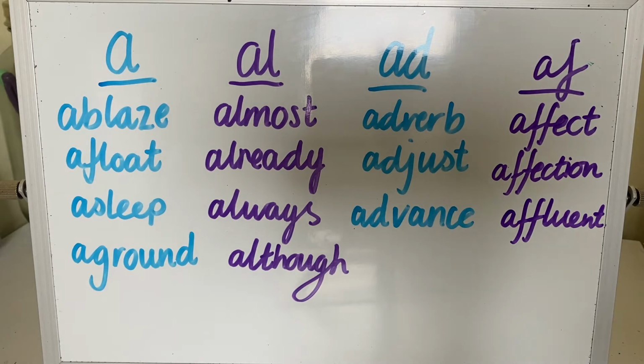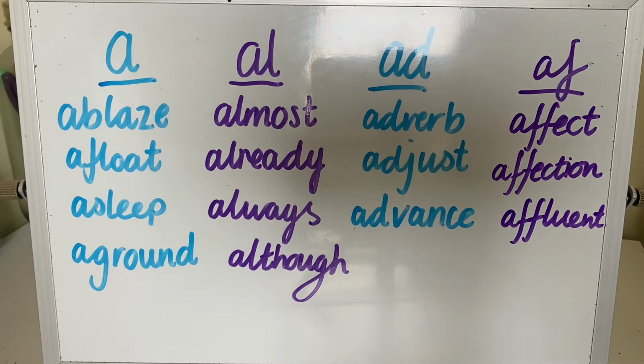But for example, if we look at the first list there, we have ablaze, afloat, asleep, and aground. And taking off the prefixes, we would have blaze, float, sleep, ground. So those words are our root words: blaze, float, sleep, ground. And we've added on the a to extend the meaning.